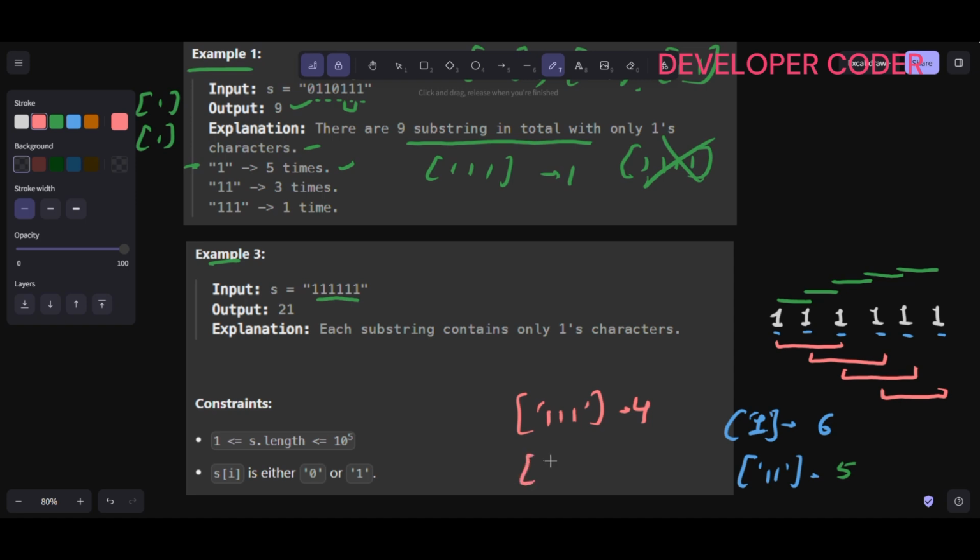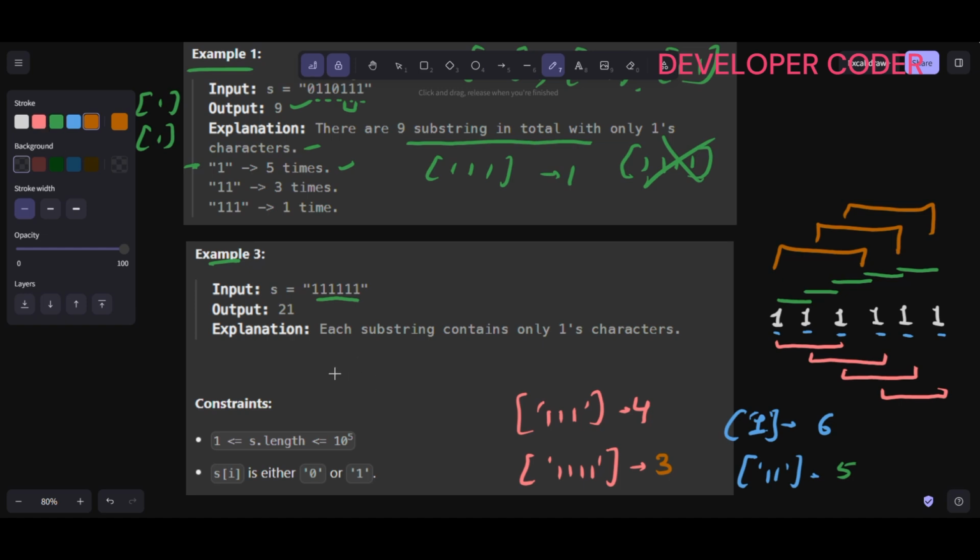Now how many substrings can we form of four ones? Let's see that. So four ones: this is 1, then this is second, then this is third. 3 we can form. Clear?